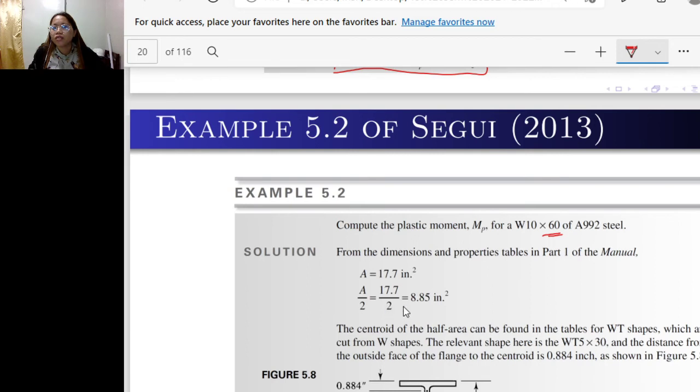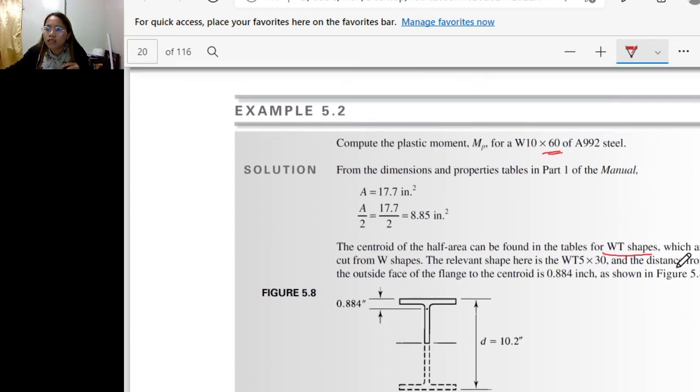So the centroid of this shape W10 by 60 can be found in the tables for WT shapes. Actually, these WT shapes are the shapes that are half of wide flange, found in the AISC manual. So these are the shapes which are cut from W shapes.